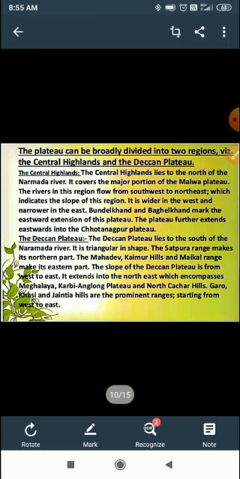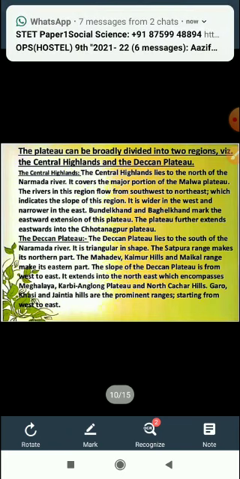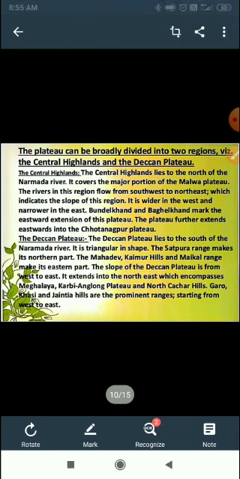So the rivers in this region flow from southwest to northeast, which indicates the slope of the region. Whichever direction rivers are flowing fast, we can easily say that this region has well-defined slopes.